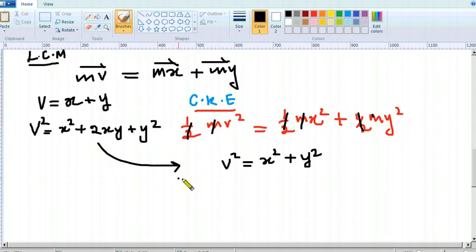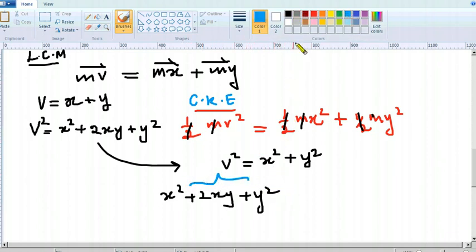So we substitute it here, x squared plus 2xy plus y squared, that is v squared, then equals x squared plus y squared. We combined two rules, linear conservation of momentum and conservation of kinetic energy.